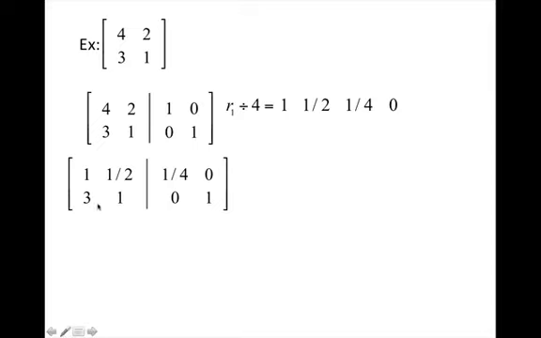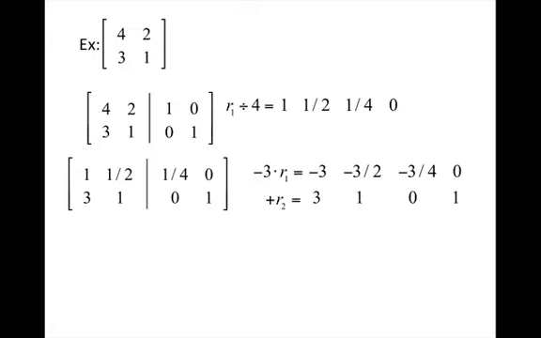So now I want to change my 3 to a 0. So change its sign to a -3 and multiply by row 1 because that's where my 1 is. Well, -3 times row 1 gives me -3, -3/2, -3/4, and 0. I want to change row 2, so I'm going to add row 2.